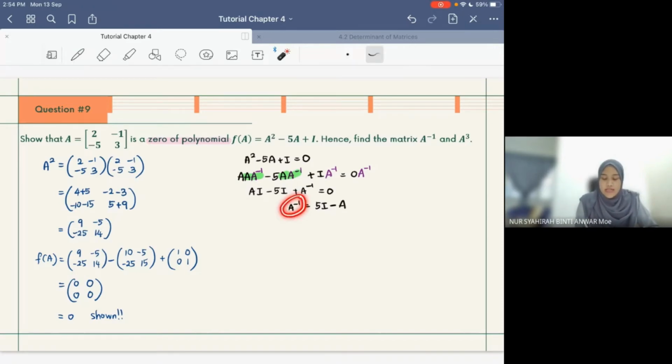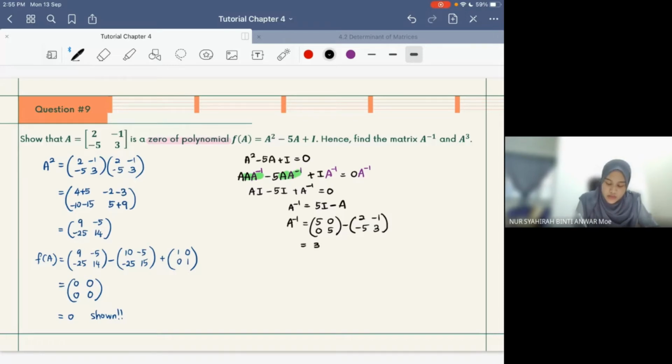A inverse comes from 5I minus matrix A. So our A inverse will be 5, 0, 0, 5 minus matrix A, which is 2, negative 1, negative 5, 3. And here our A inverse will be 3, 1, 5, and 5 minus 3 will be 2. So this will be the matrix of our A inverse.